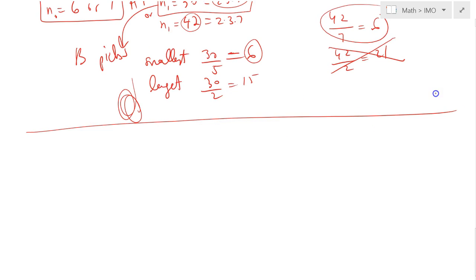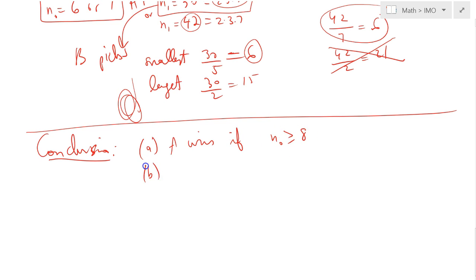So therefore, the final conclusion: for part A of the problem, A wins if n0 is greater than or equal to 8.